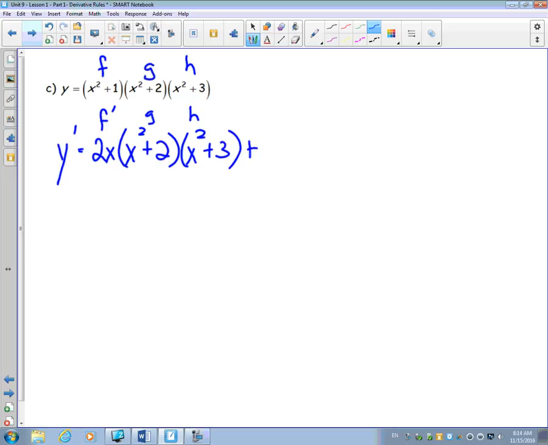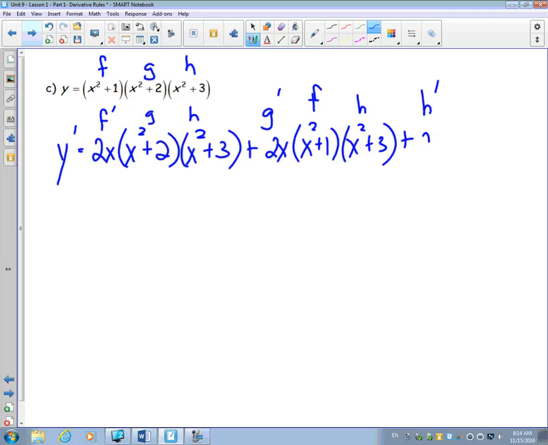Plus, now we're going to do the derivative of g, so g prime, that's 2x, times f, which is x squared plus 1, and h, x squared plus 3. So this is f, this is h, plus, our third part, we have to take h prime now. So h prime is 2x, and f is x squared plus 1, and g is x squared plus 2.